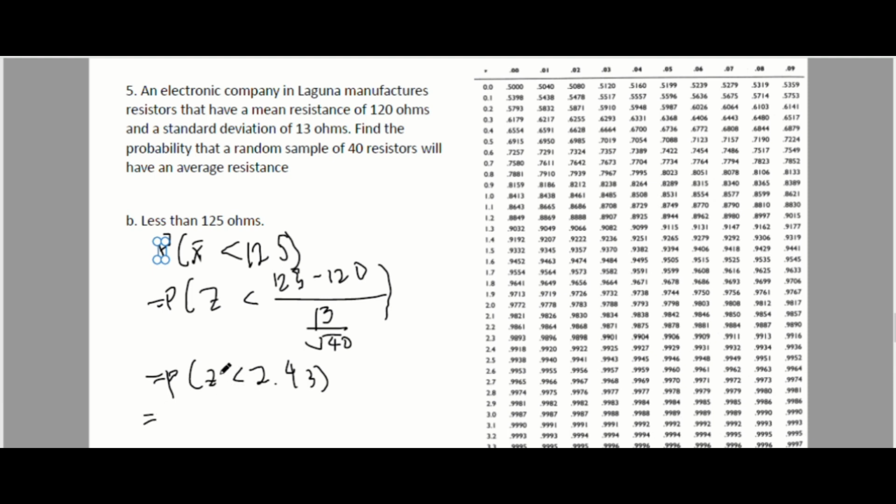So this is less than, so we'll go directly to our table. 2.43 is 0.9925. So the probability that the average resistance of these 40 resistors is less than 125 is 0.9925.